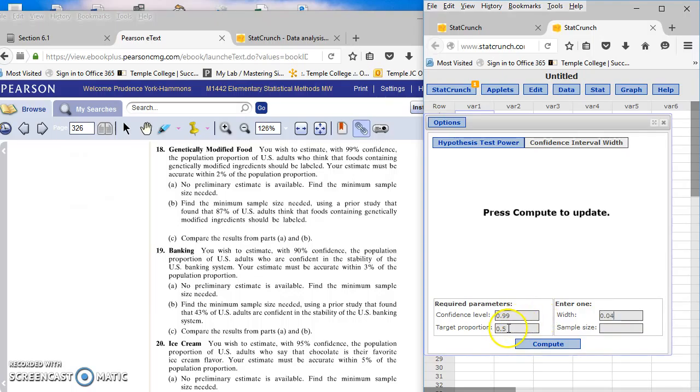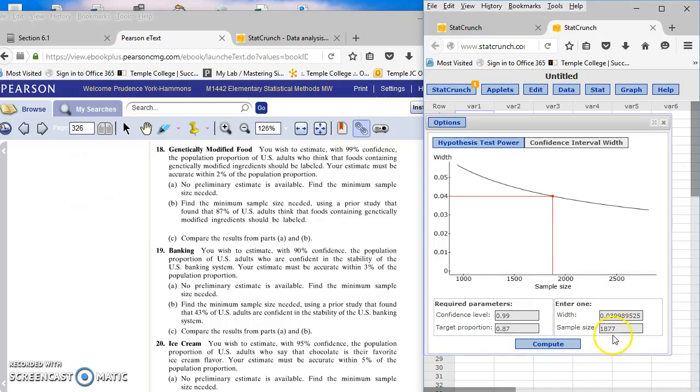The thing that has changed is our target proportion, because we now have evidence that says that 87% of the adults think that foods containing genetically modified ingredients should be labeled. So that would be 0.87. And when we click compute, we get 1,877. So we would need to have 1,877 participants in our study.